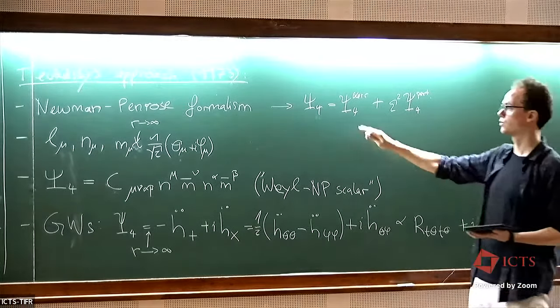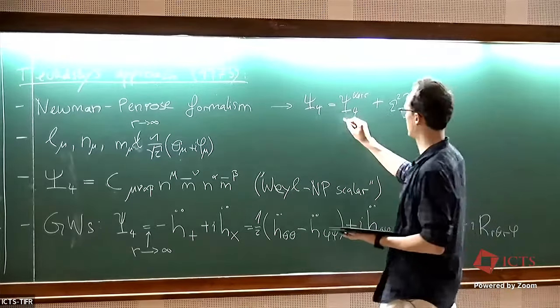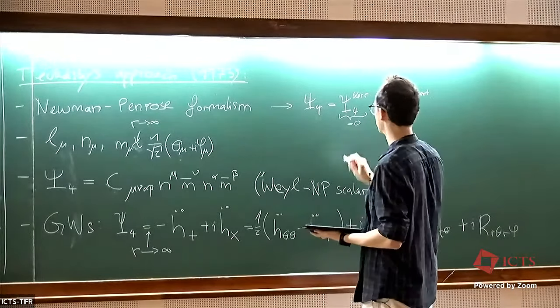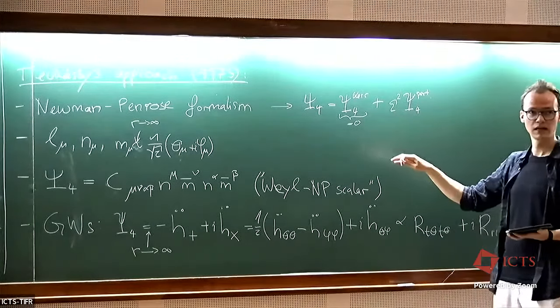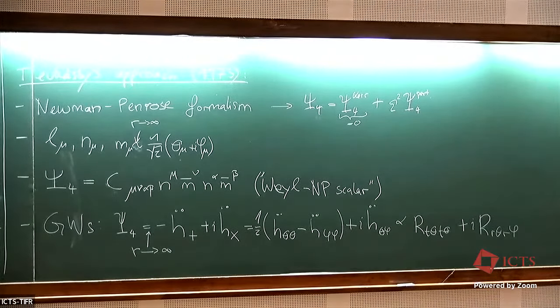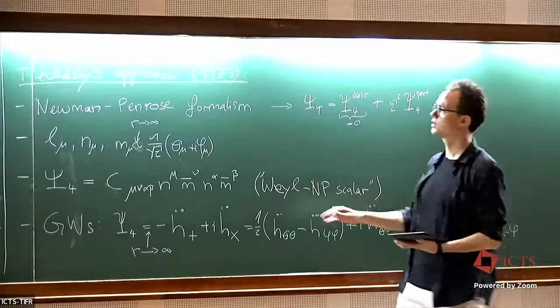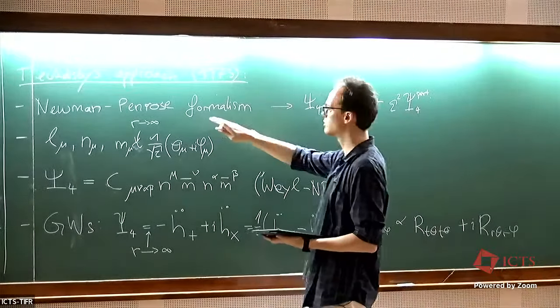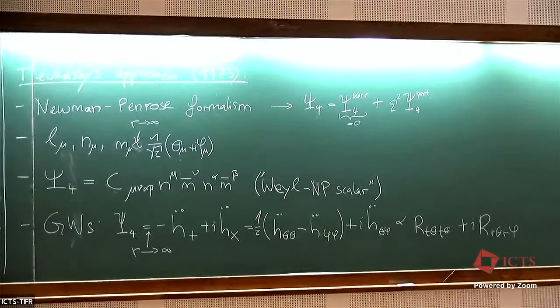And you can do this for all these scalars, and then you can take advantage of the fact that the psi4 for Kerr, for instance, is 0, and then many of the others are also 0. And because they are 0, all of these equations simplify significantly. Okay? So really the crucial point of using this Newman-Penrose formalism is to make use of the fact that most of these scalars are 0, and therefore the equations simplify substantially. Okay?